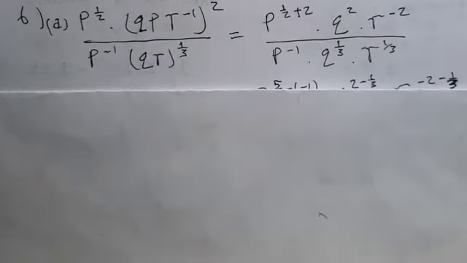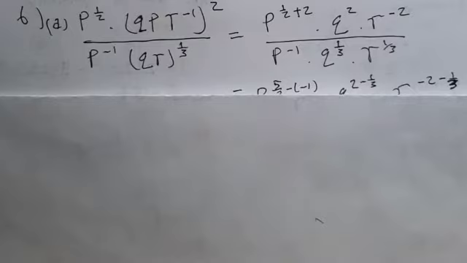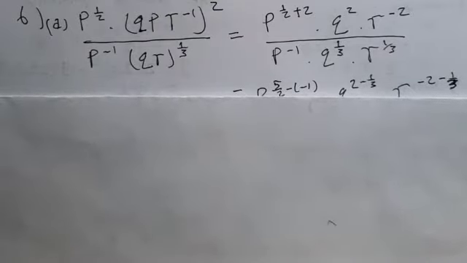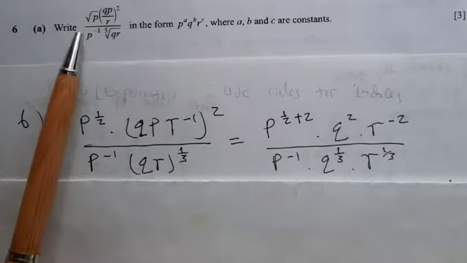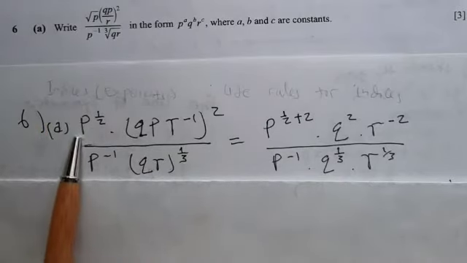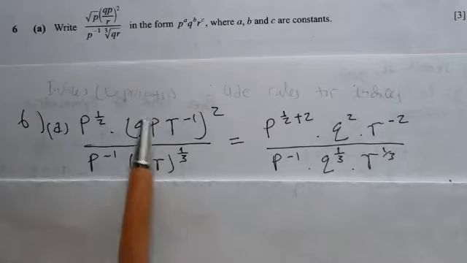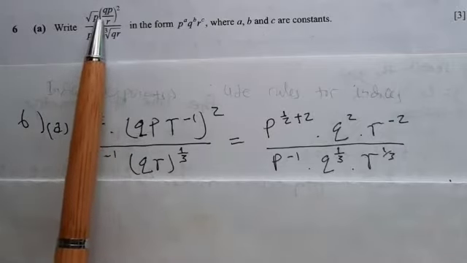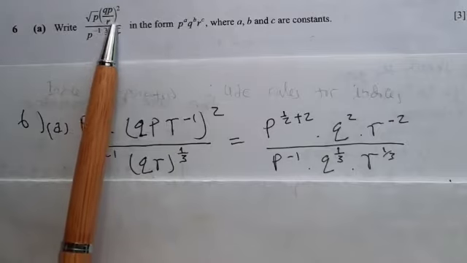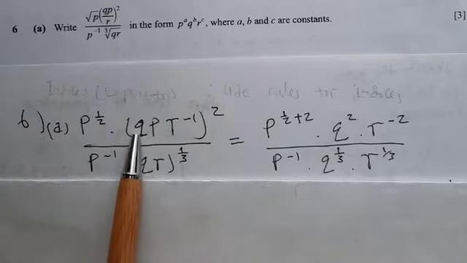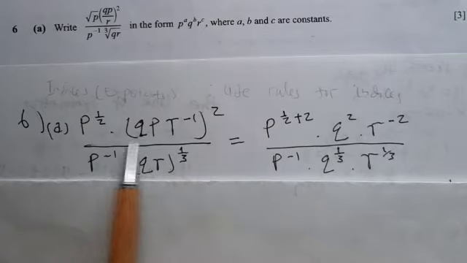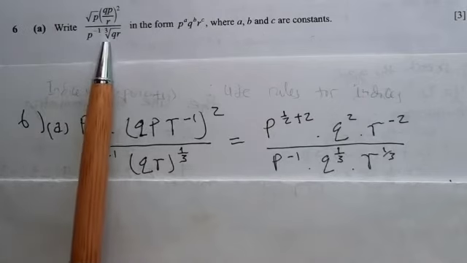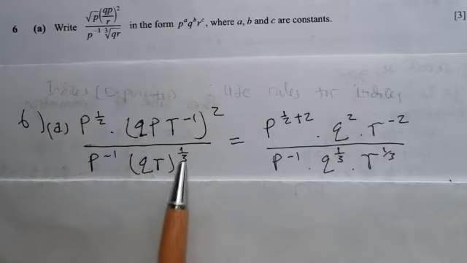Here we use the rules for indices. Square root of p is p power half times qp times r power minus 1, squared, divided by p power minus 1 times q times r power 1 over 3.